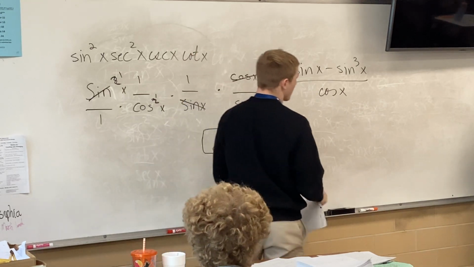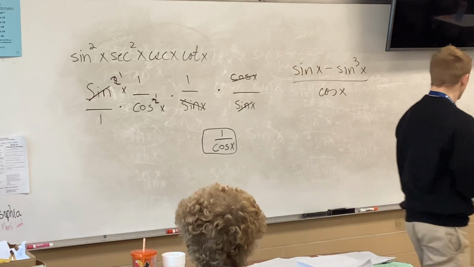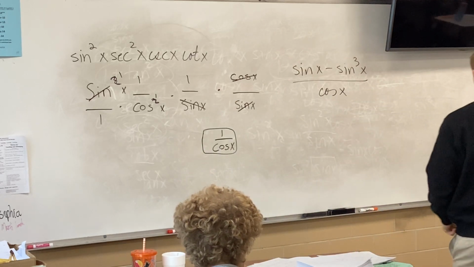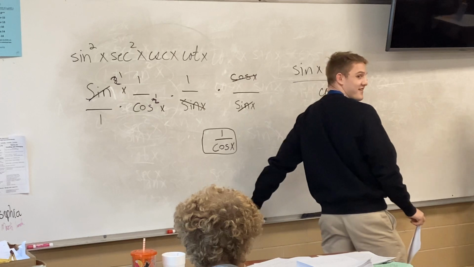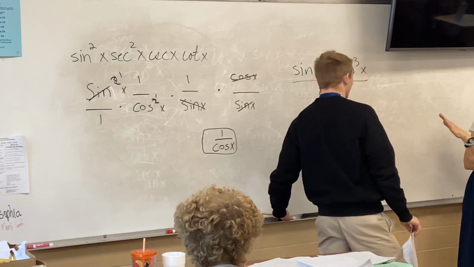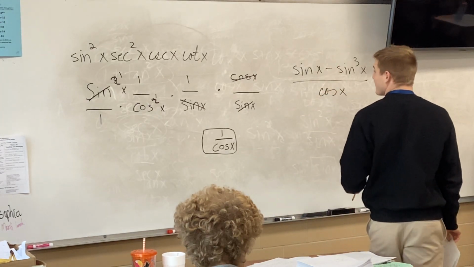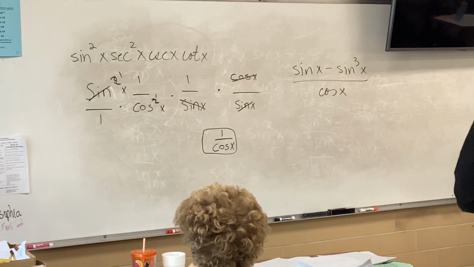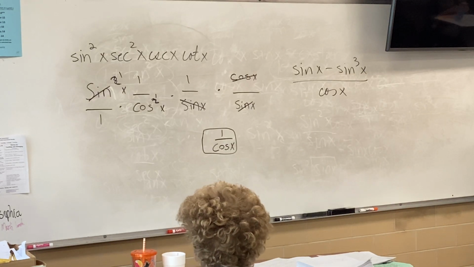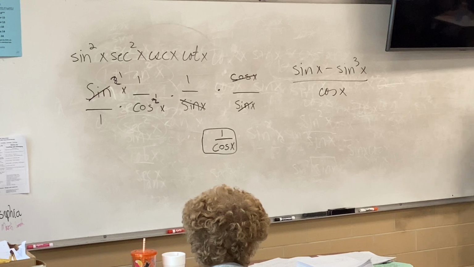Well, he did that pretty fast. Anybody wanna agree or disagree with him? That's what he's saying, instead of one. One over cosine is fine, but you could put secant, absolutely. Isn't one over cosine secant? You do not have to do that.